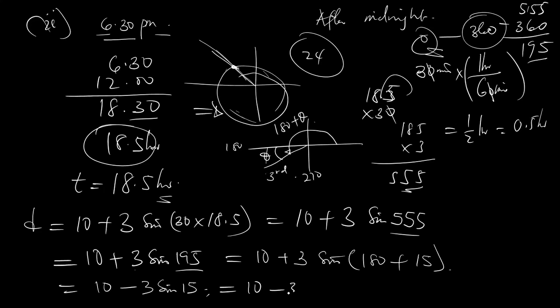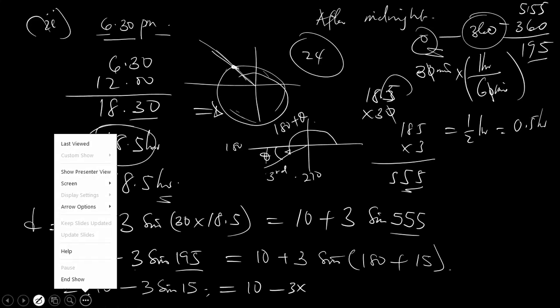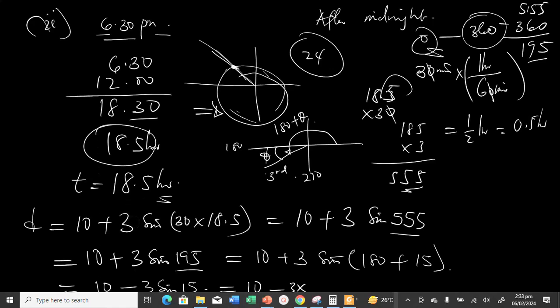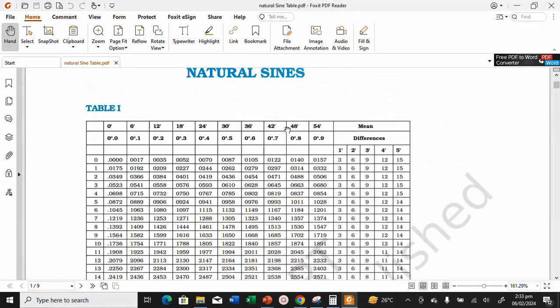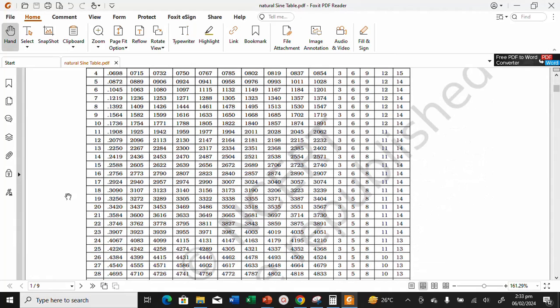So now I have 10 minus 3 times, let's look at the table. This is sine.